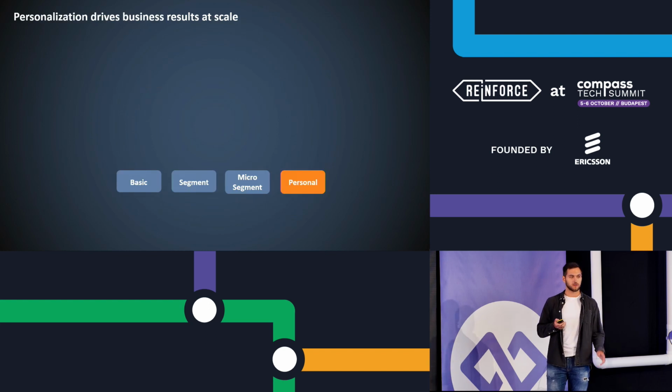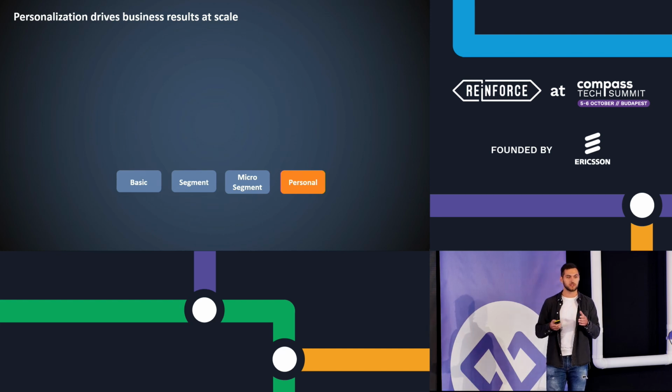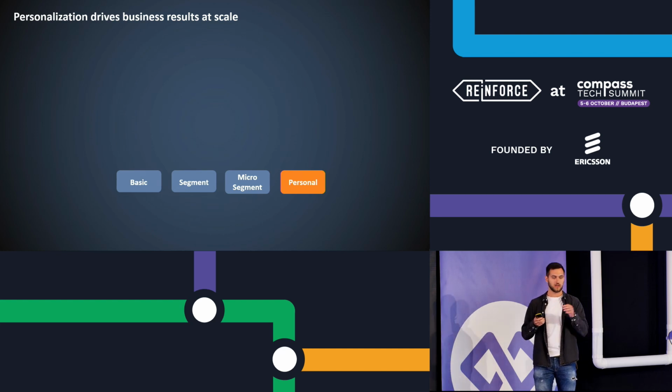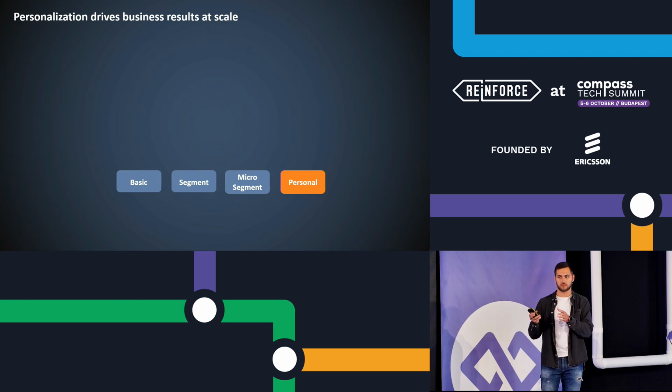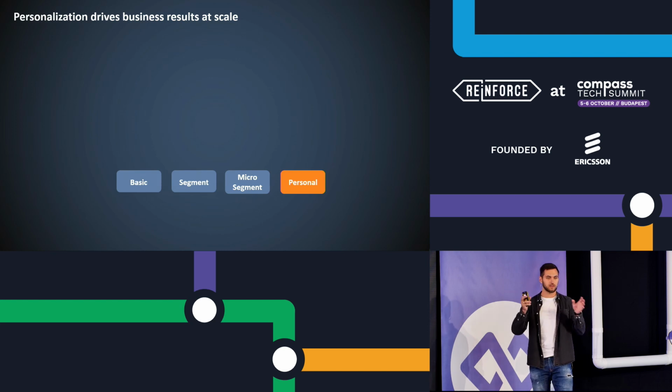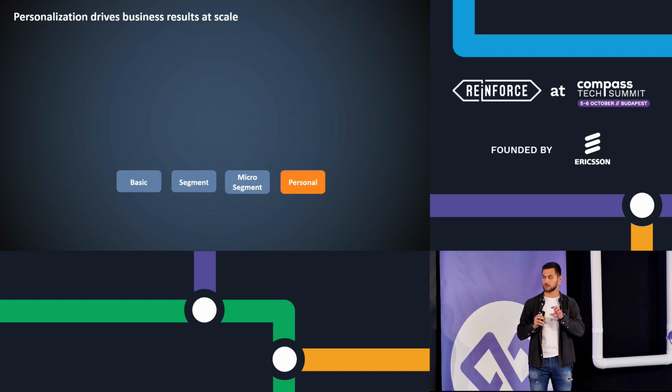And this is reasonable because if we just compare 4 different types of communication: basic communication, when we just create some message to the customers and send it; the segmented approach, when we derive segments, for example, we can use RFM segmentation, recency, frequency, monetary, and based on that, we can derive some customer segments; micro segments, when we divide all these customer segments further; and the personal approach.